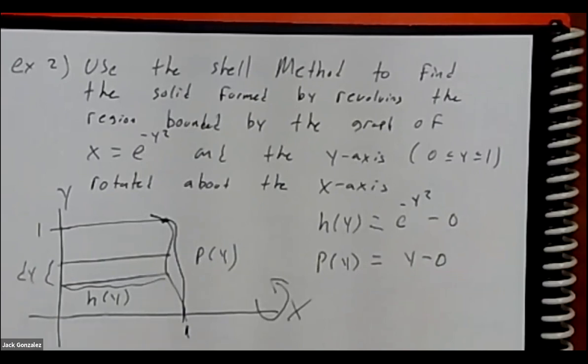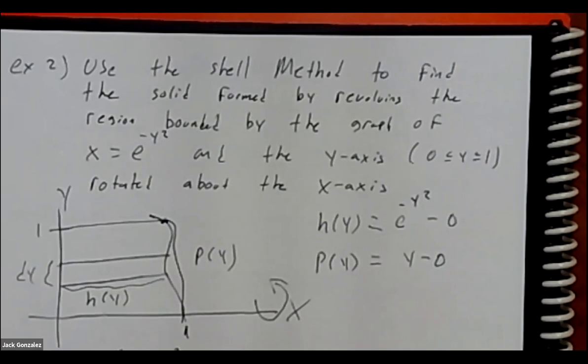The formula says volume is equal to 2 pi times the integral of h of y times rho of y dy.